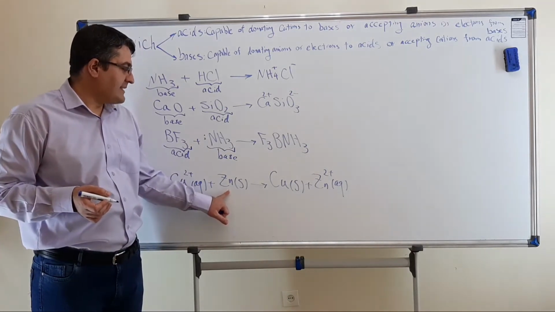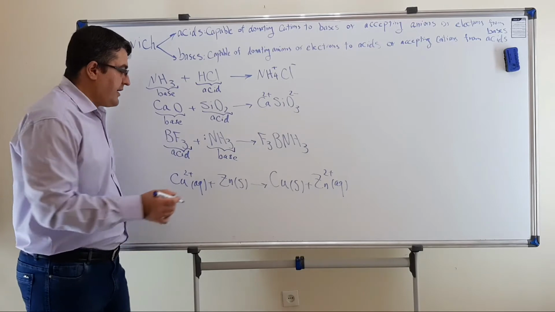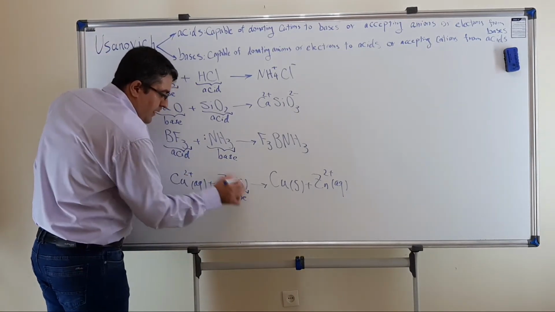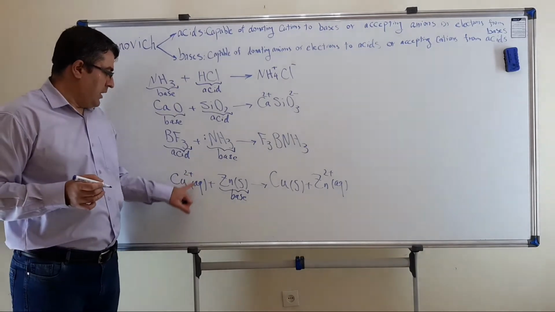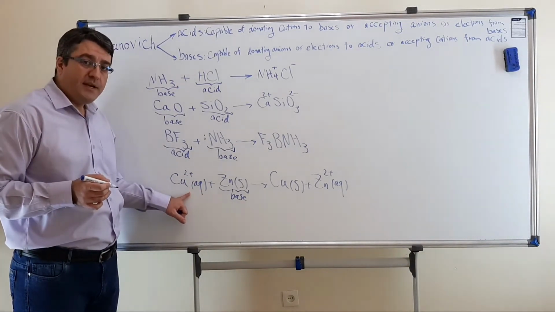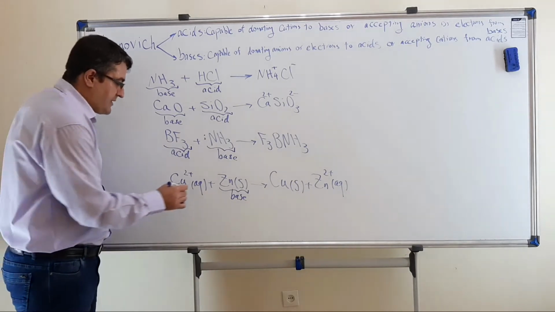Zinc, acting as an electron donor, can be considered as a Usanovich base, and Cu2 plus, acting as an electron acceptor, can be considered as a Usanovich acid.